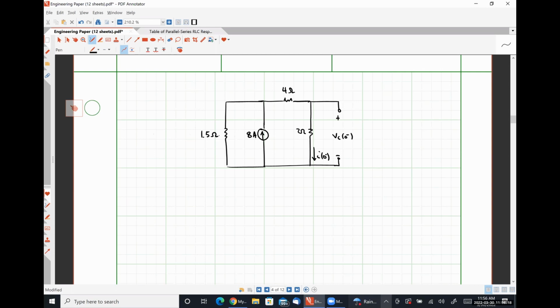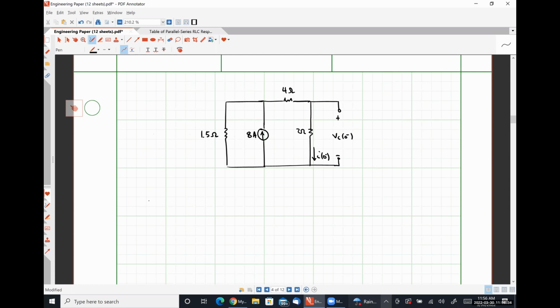All right, so as I was saying, we have an 8 amp source in parallel with a 1.5 ohm resistance in parallel with a combined 6 ohm resistance. And we want the current flowing through the 6 ohm resistance.